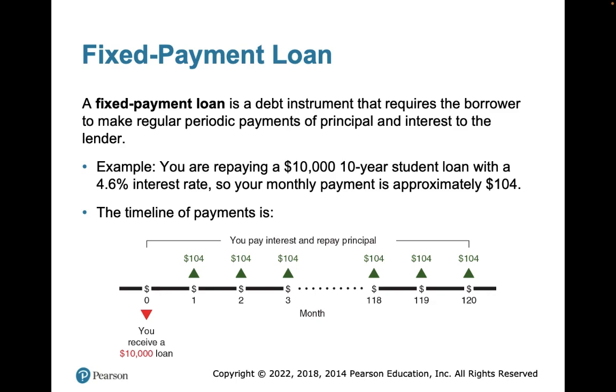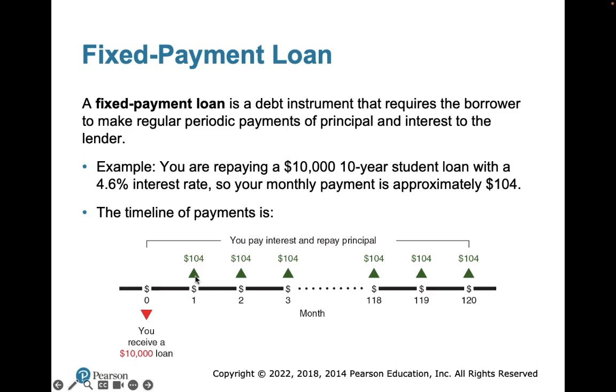The interest rate is 4.6%, so your monthly payment is approximately $104, because you're not only paying the interest, but also a little part of the principal loan, the capital, alongside the monthly interest.